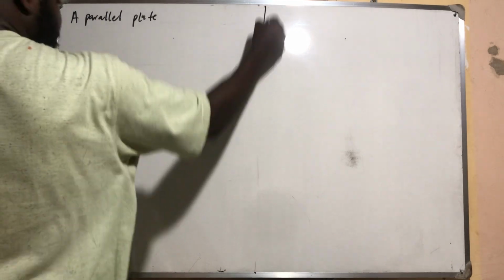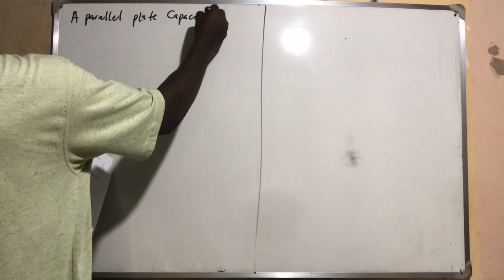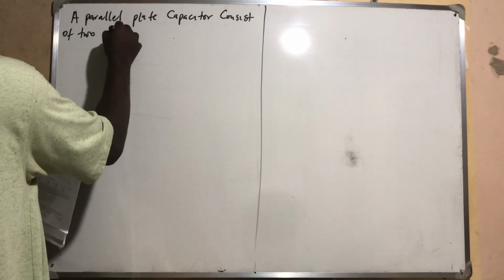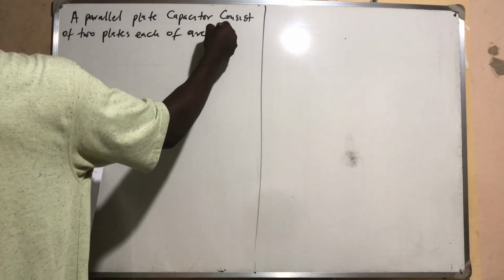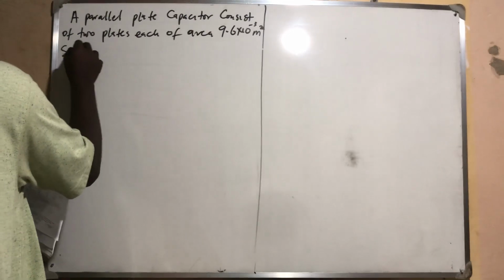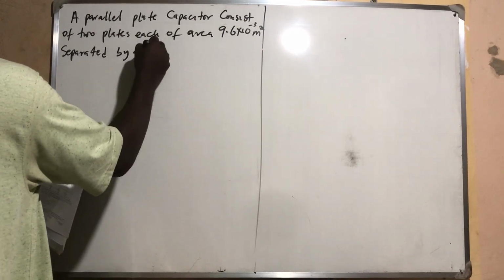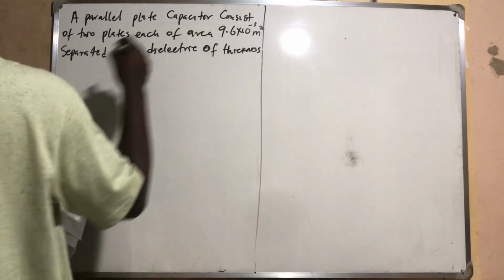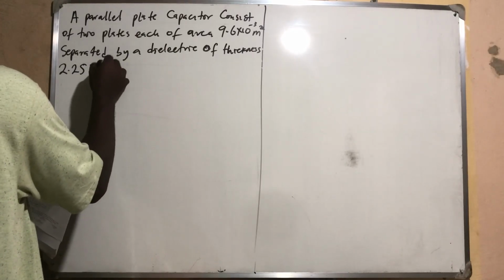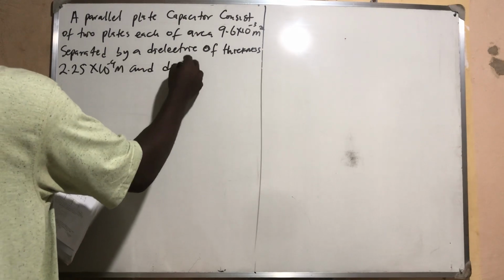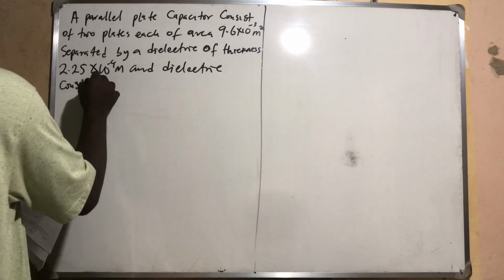So they said a parallel plate capacitor consists of two plates, each of area 9.6 times 10 raised power minus 3 meters squared, separated by a dielectric of thickness 2.25 times 10 raised power minus 4 meters, and dielectric constant 900.